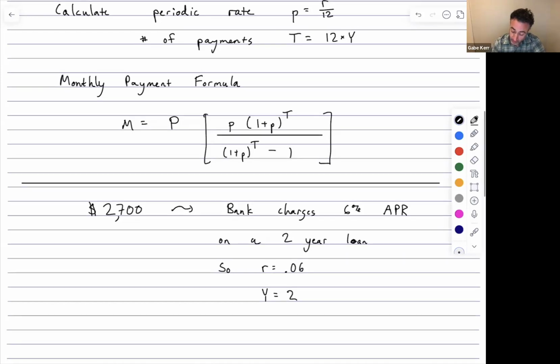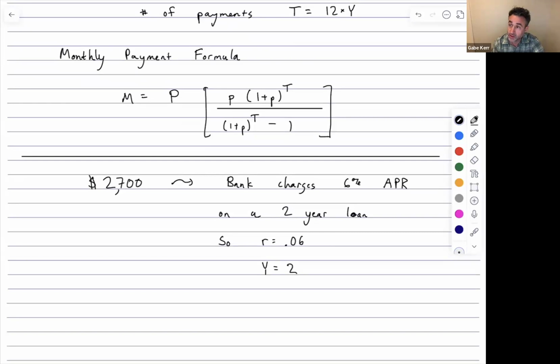So you decide to go with this, and you need to apply this formula. In order to apply the formula, we have to adjust our rate R and our time of 2 years to get P, our periodic rate, which is R over 12, and that is going to be 0.005.